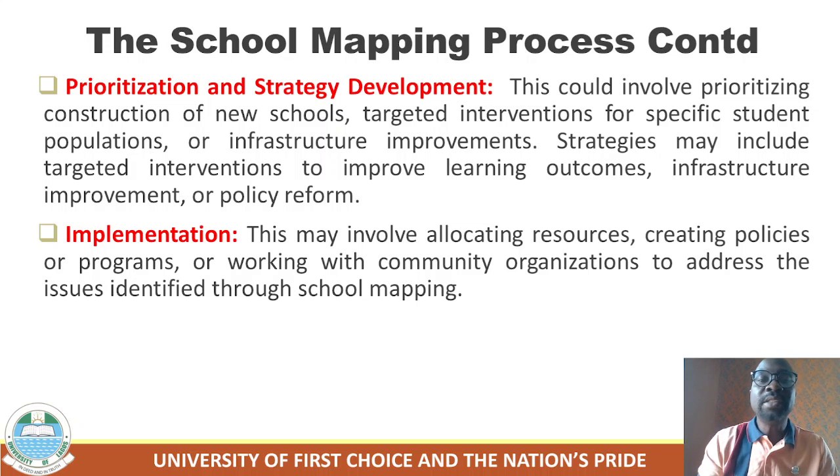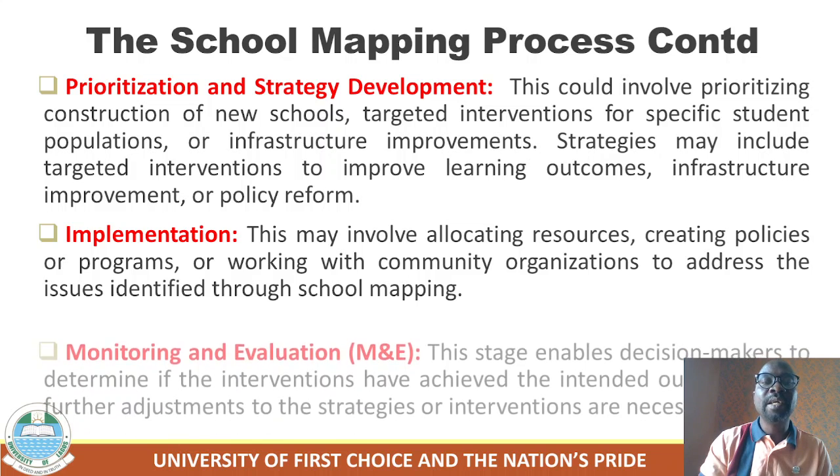Can we come up with policies that would bring back children that have left school, policies that will ensure that we are able to work with the community and the organizations so that we can address various issues that we have in the school mapping exercise?